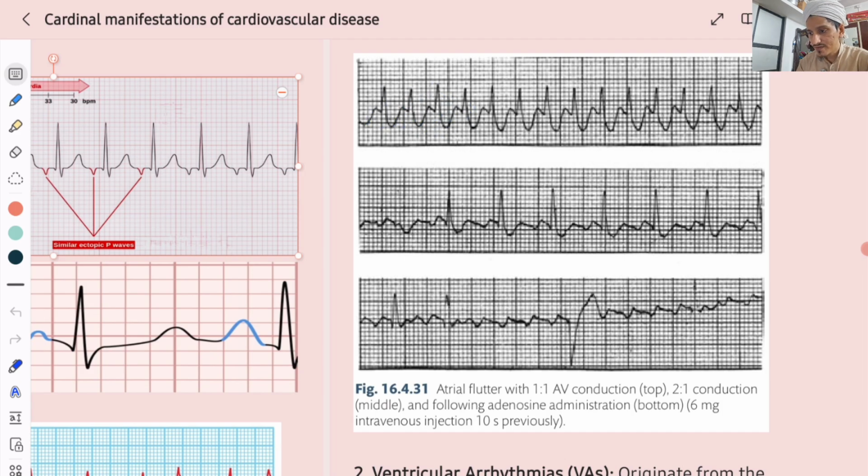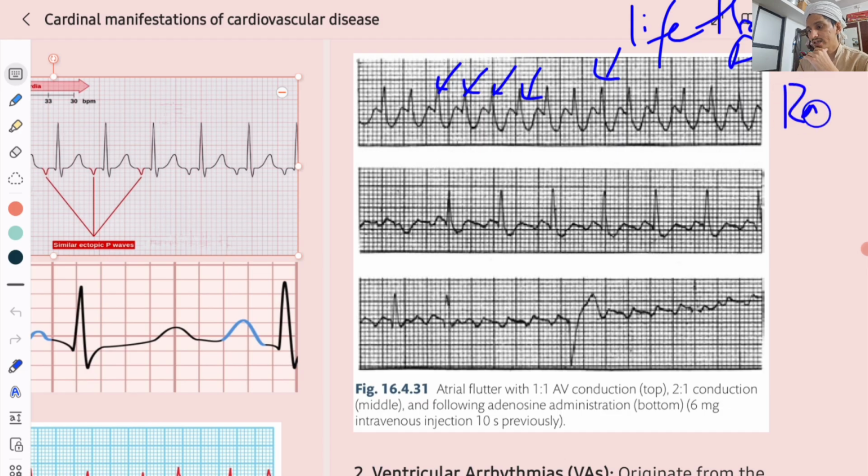This is the P wave, P wave, P wave, and this is the QRS complex, R wave, R wave, R wave. That means the AV node is conducting every impulse which is coming to it to the ventricles. This is a very life-threatening form of flutter, and it is very rare also. Most commonly 2:1 and 3:1 conduction are common. Every second or third impulse is conducted.